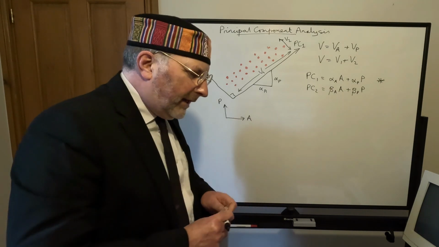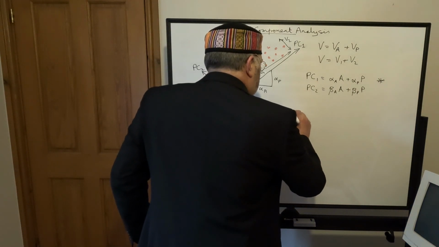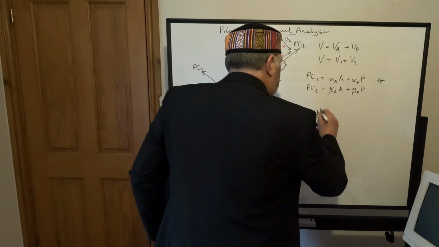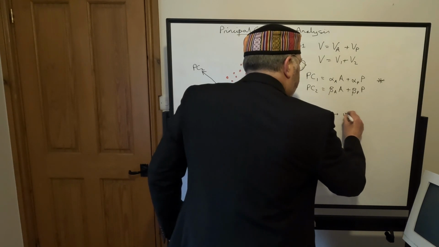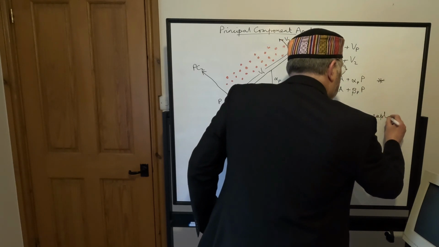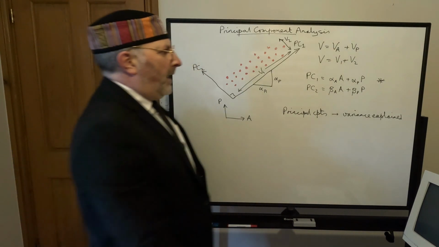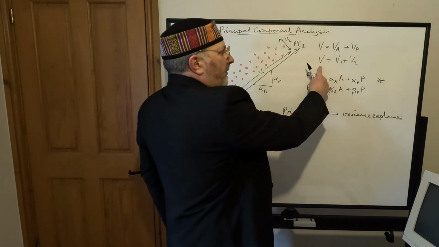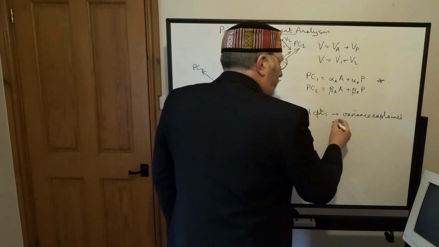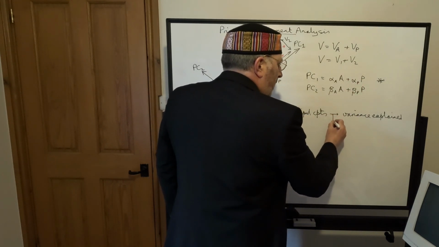So what it would tend to give you is these principal components. It would give you the variance that they explain. So that would be a percentage of the total variance, which must add up to 100%. So what fraction of the total variance is explained by each principal component.